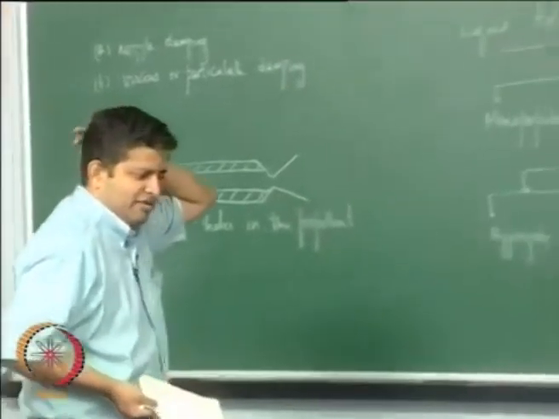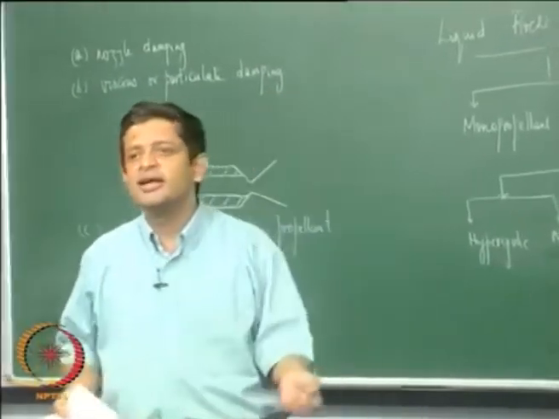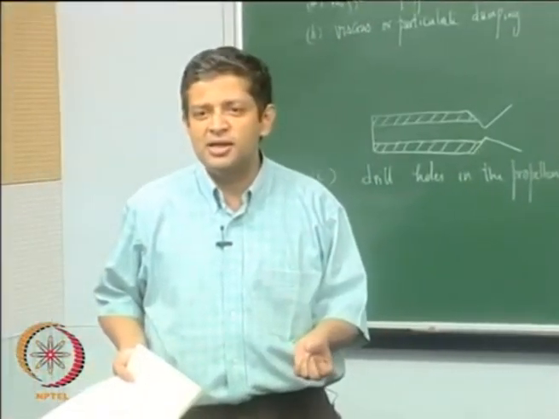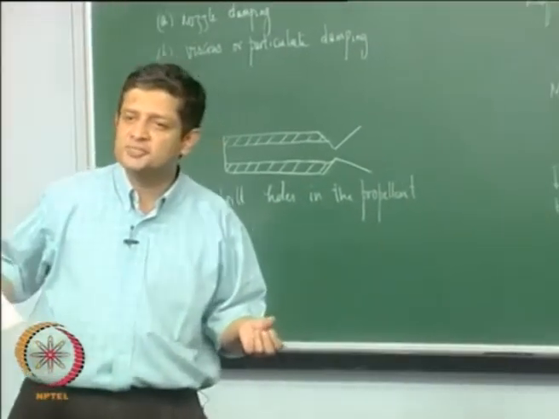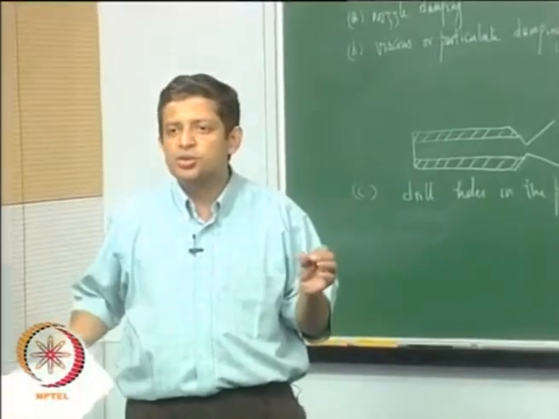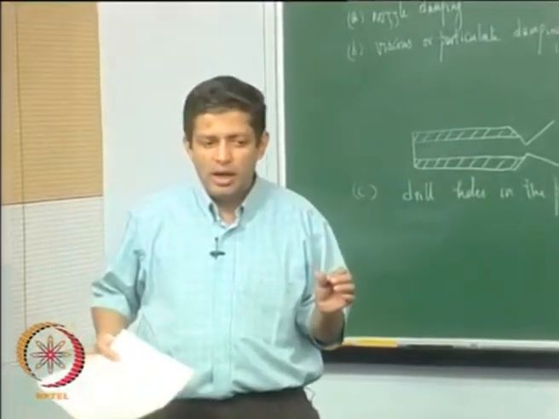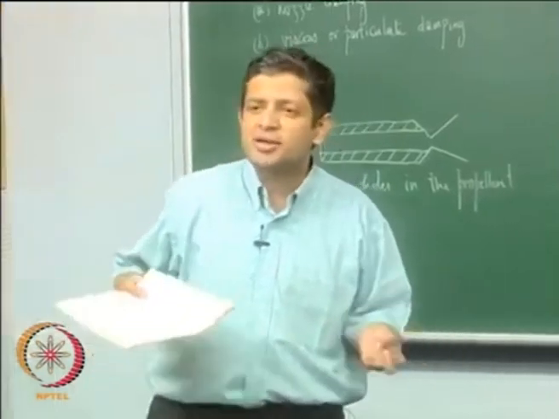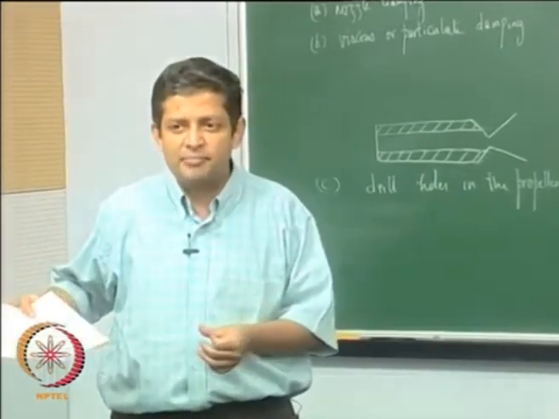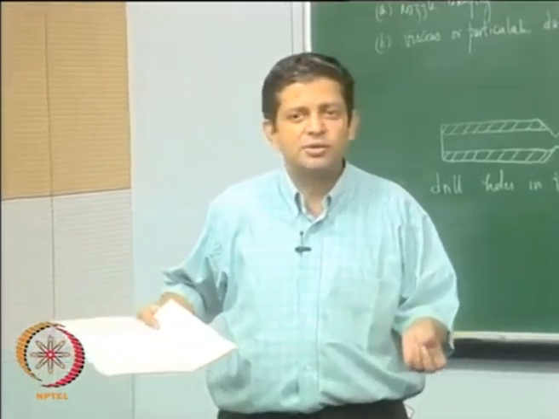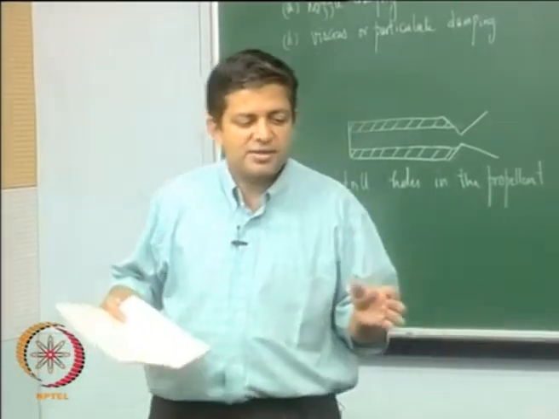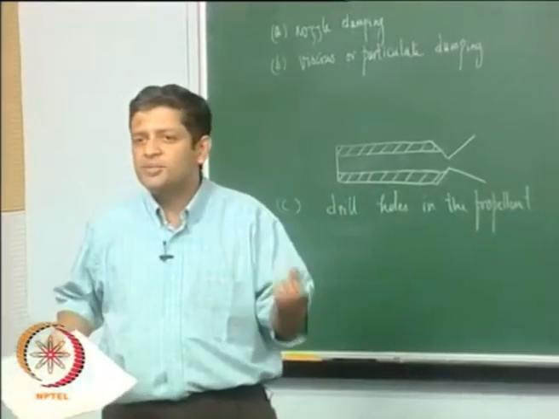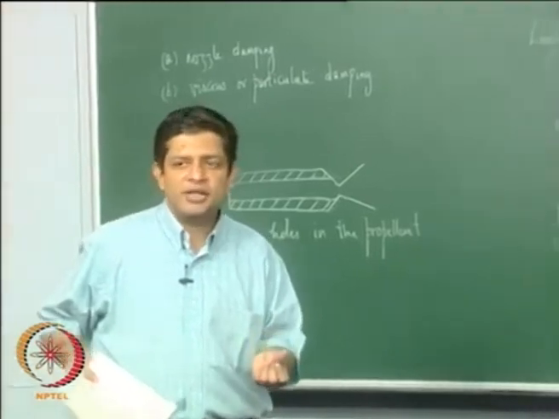Why do we need to have liquids? Primarily because the density of liquids is much more than the density of gases, and if you store them as liquids, then you can store them in a smaller volume. Gases, you can argue this way, that you can pressurize them and increase their density. That is one of the other routes, but when you pressurize them, we will see that the thickness of the pressure vessel keeps on increasing depending on the pressure.